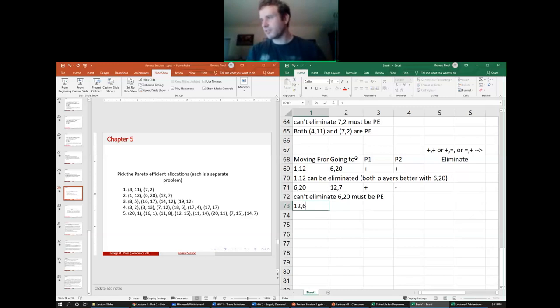What about 12-7 versus 6-20? Well, that's going to be the exact opposite, minus plus. So you can't eliminate. So 6-20 and 12-7 are PE allocations. They're Pareto efficient. 1-12 is not.